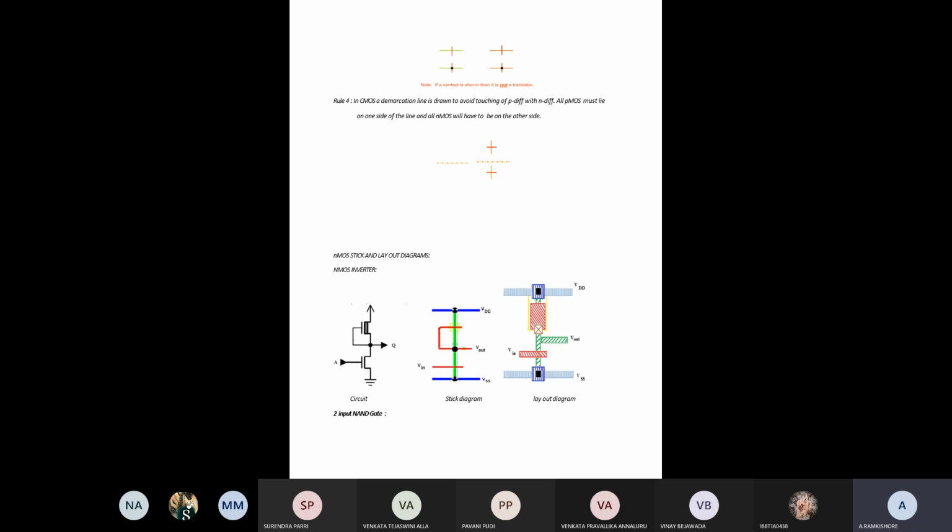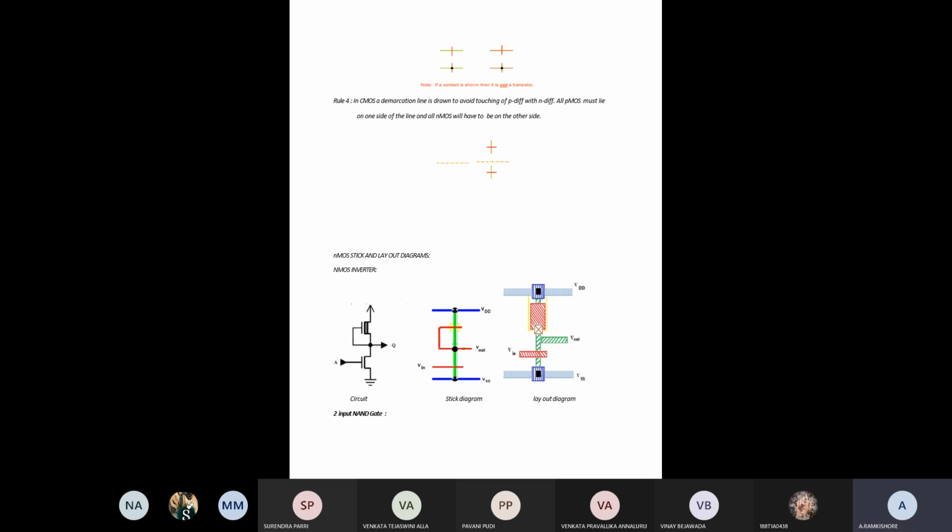In the next class we will see how to draw simple designs as a stick diagram and a layout diagram. We'll see different designs and in what way we draw a proper stick diagram and layout diagram for each design.